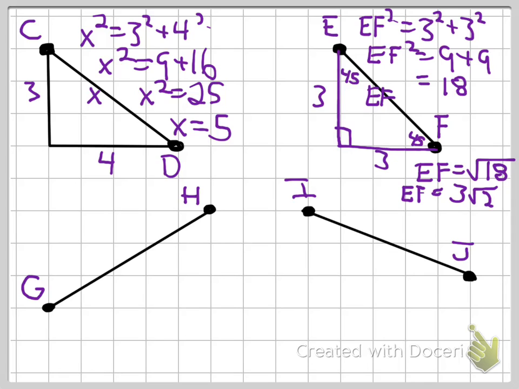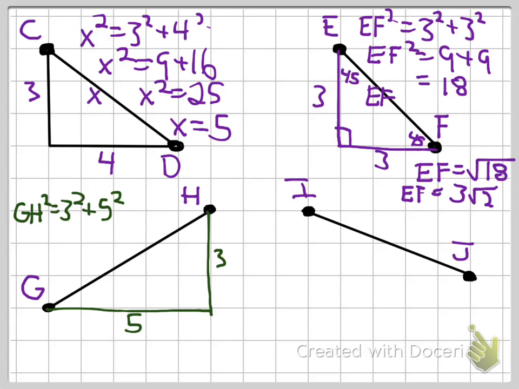Alright, we come down here, we're looking at GH. Let's draw on our triangle. We go up 3, we go over 5, so GH squared is equal to 3 squared plus 5 squared. GH squared is equal to 9 plus 25. This comes out to be 34, so the square root of 34 is GH. Well, 34 is 2 times 17.